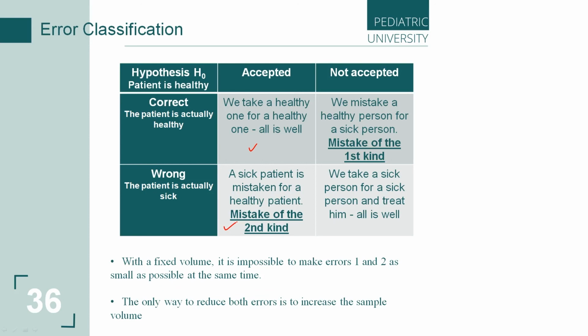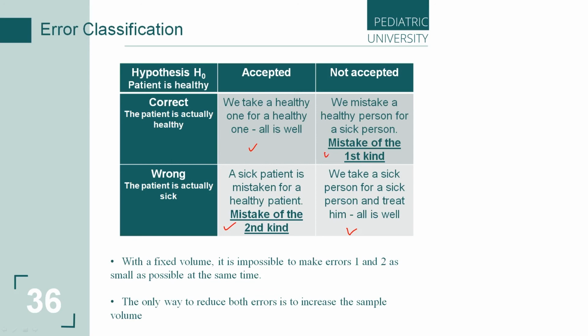We take the sick patient as sick, we treat him, and everything is fine. But what if we accept the wrong hypothesis, that a sick patient is mistaken for a healthy patient? That's not very good. We would be making a mistake of the second kind, this part. That's a more serious mistake.